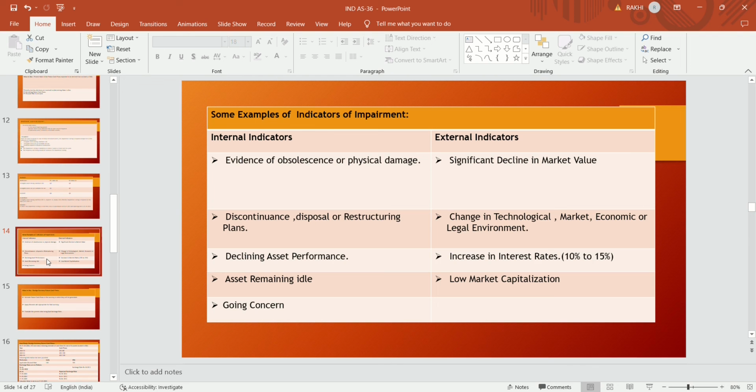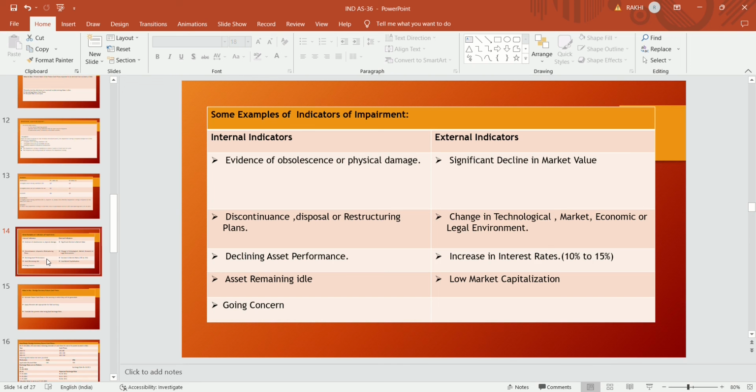The performance of that asset is declining day by day, so it needs impairment testing. Also, going concern effects, due to the COVID scenario: if there are indicators that the company will not perform well, the value of the asset is declining.